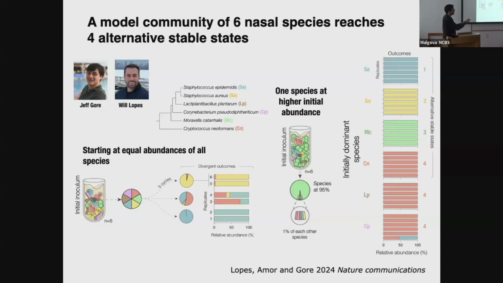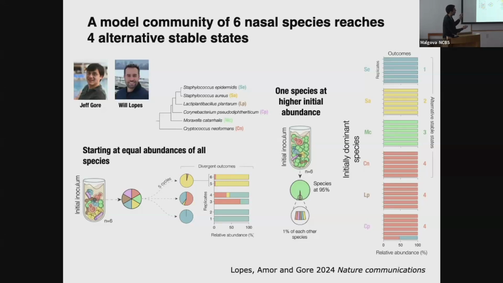And in this case, we started with 95% of SA, did the dilutions, and at the end we have 100% of SA. The same here, the same here. And these two were losers, if you want. So these 4 species could dominate the community. But this one, even if it started at 95% of the community, loses the competition, and one of the other species that was at a very low abundance takes over the system.